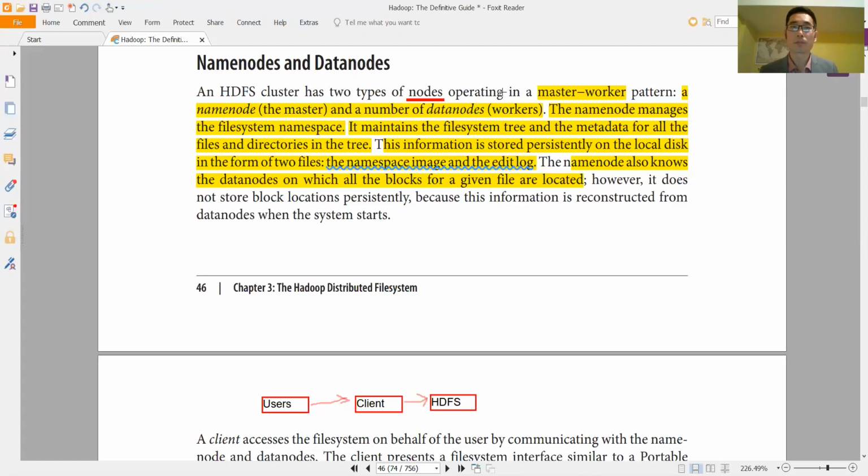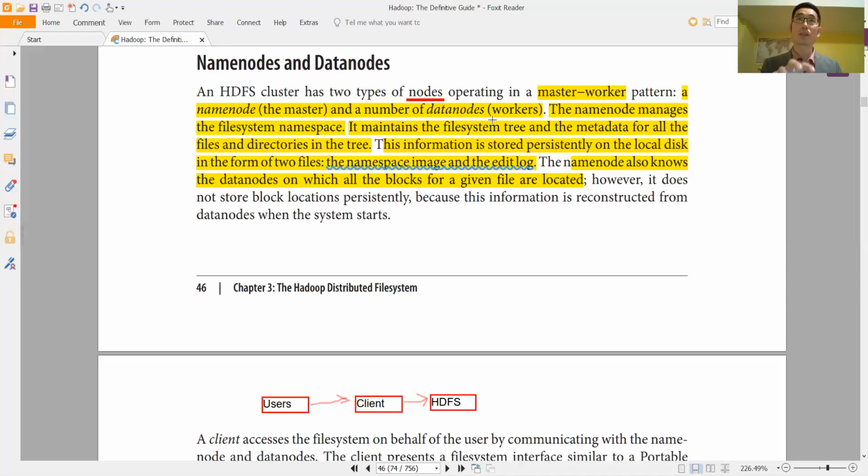So HDFS manages the storage by using a master-worker pattern. The master node of your HDFS is called the NameNode. Your DataNodes are the workers. If you imagine in front of you an HDFS cluster, there are multiple computers connected to each other, managing your data storage, and one node is called the NameNode.